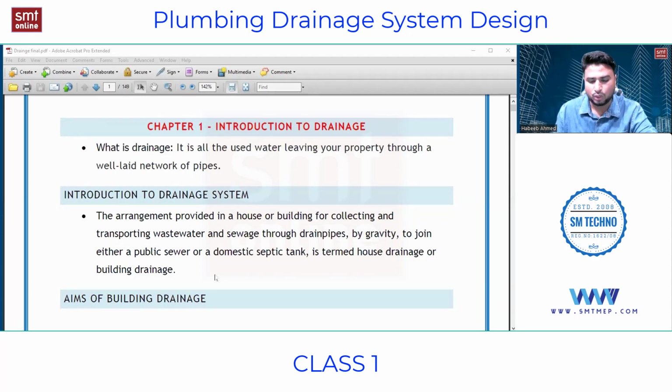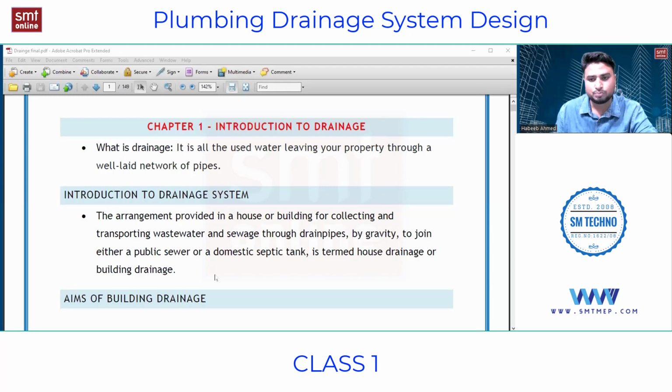That water is sent either to a public sewer or a domestic septic tank. A public sewer is nothing but a municipal or authority's pipe, where we connect our drain lines or dump into it.